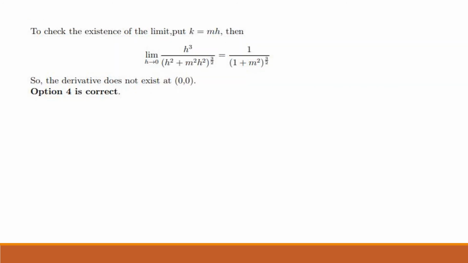Then the limit as h goes to 0 of h cube by (h square plus m square h square) whole to the power 3 by 2 becomes 1 by (1 plus m square) whole to the power 3 by 2. That means here the limit depends upon m, so it is not unique. So the derivative does not exist at the point (0, 0). Hence, option 4 is correct.